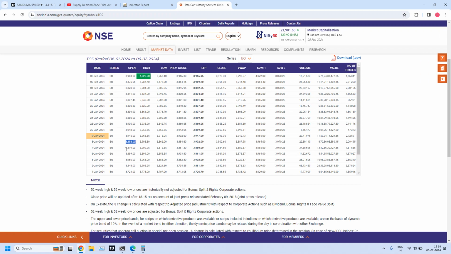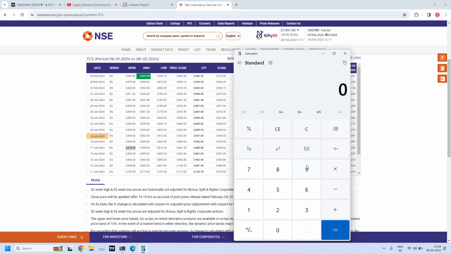On 17th, what is the NSE value? 3,819, the open price. 3,819 minus 27 is 3,792.